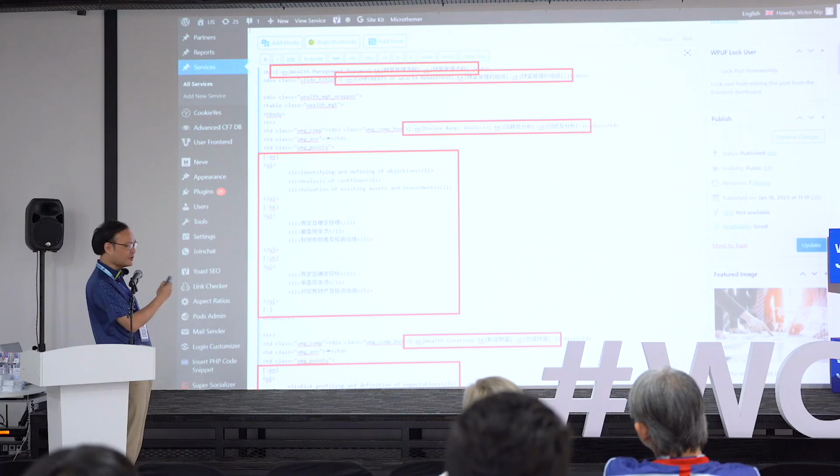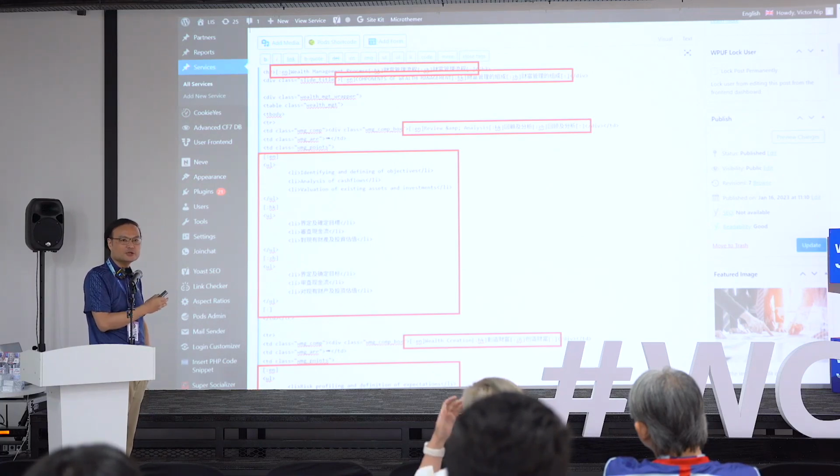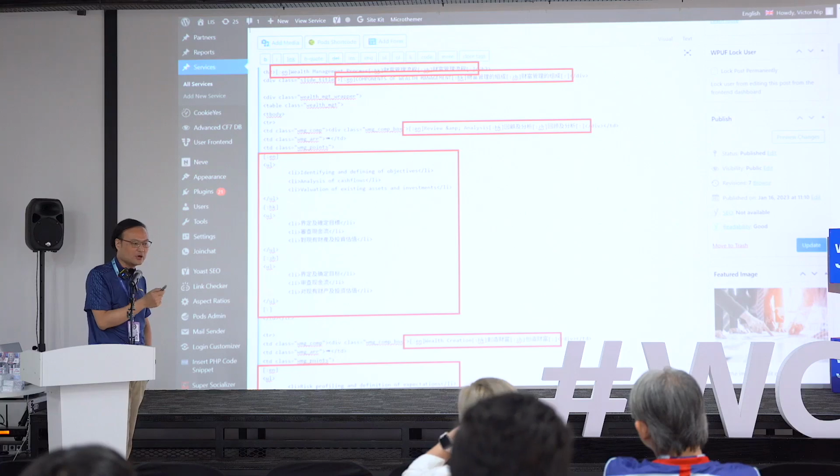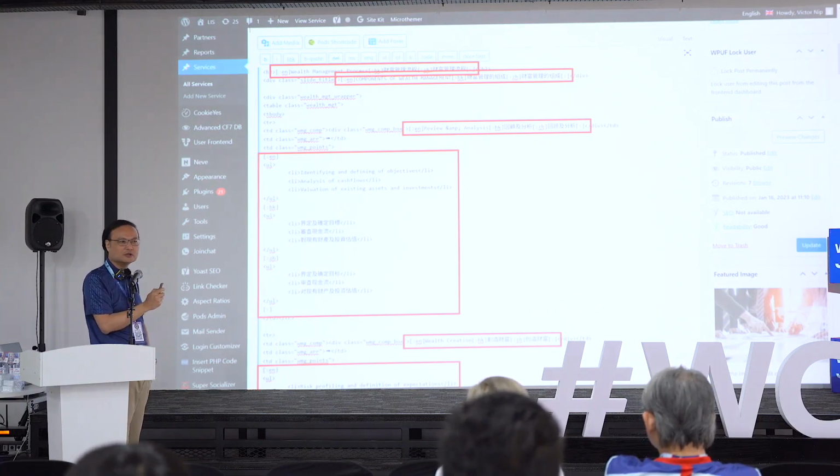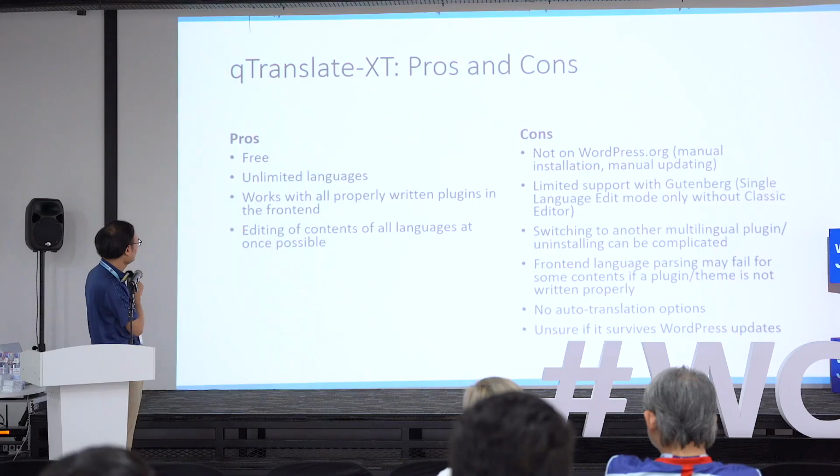So because of this, you can maintain the consistency of the contents of the different languages much more easily than the other plugins. Like maybe some plugin you have to go to a separate page and then translate a certain paragraph or word, things like that. It's very complicated. For this one, it's very quick and easy.